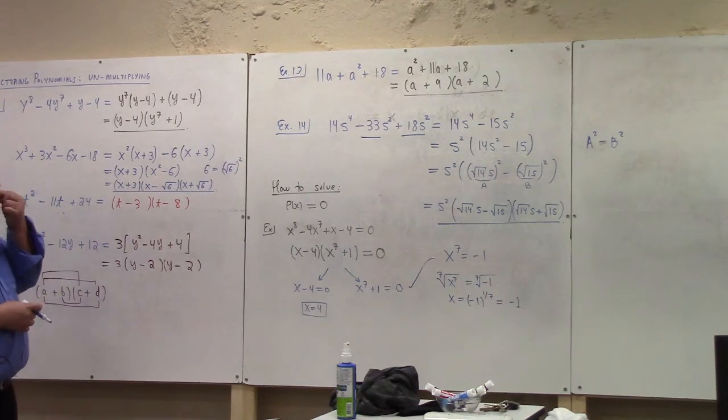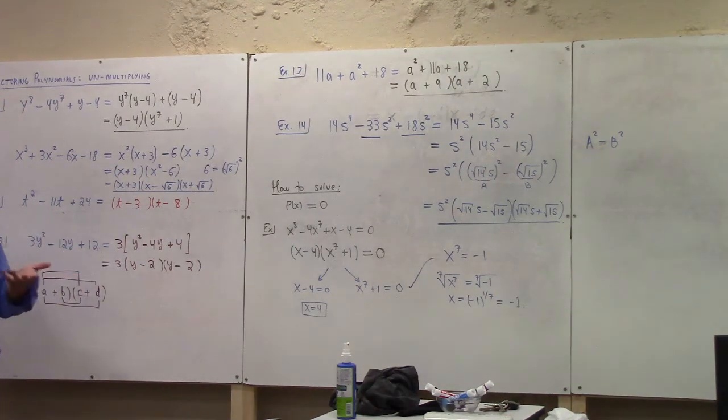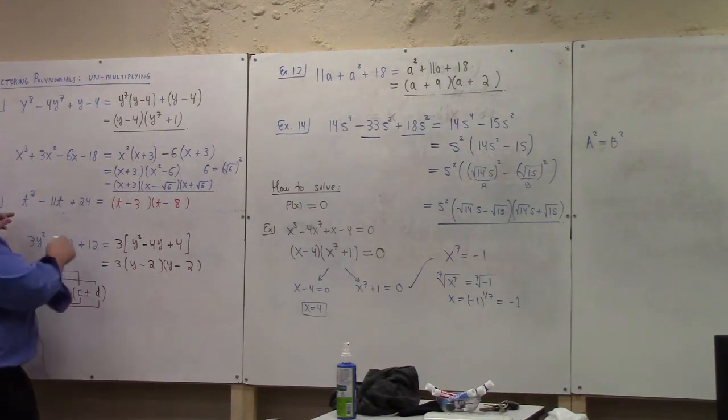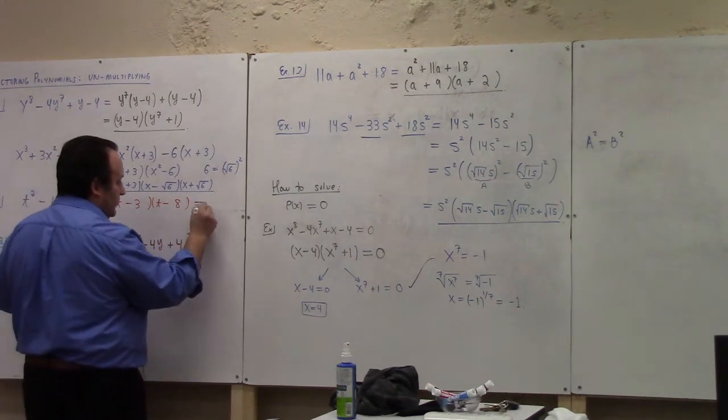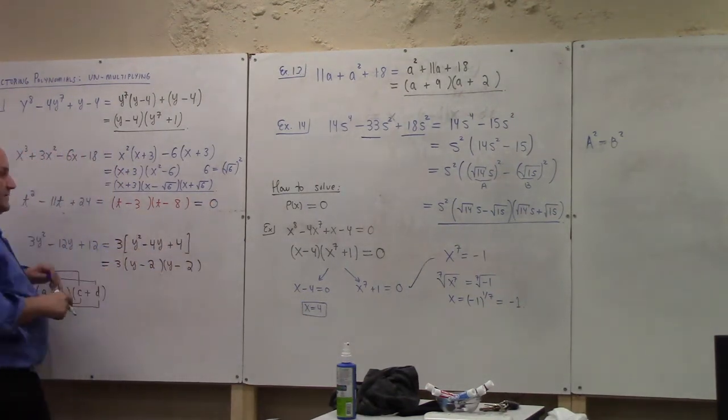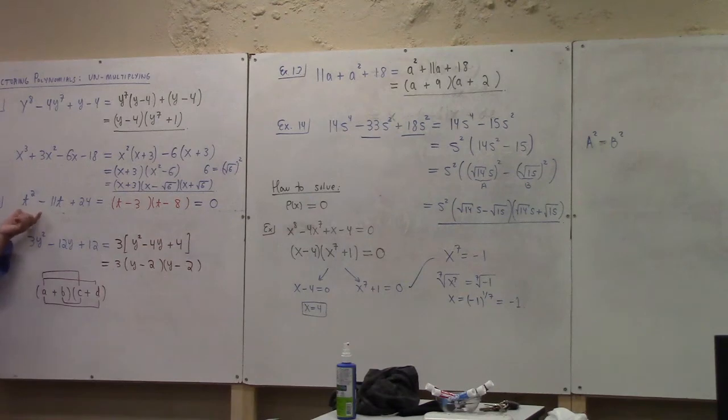And anytime we have factoring, we can easily solve the corresponding equation. Here, I'll do it with an easier one. If we take example 11 and we set this equal to 0, what are the solutions to this equation? T equals what and what?